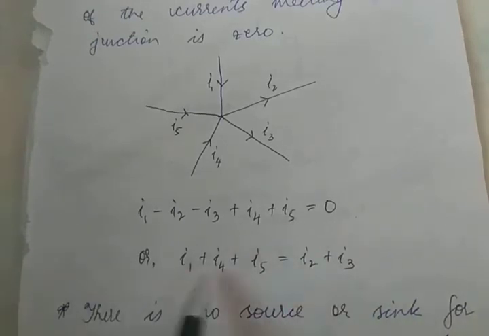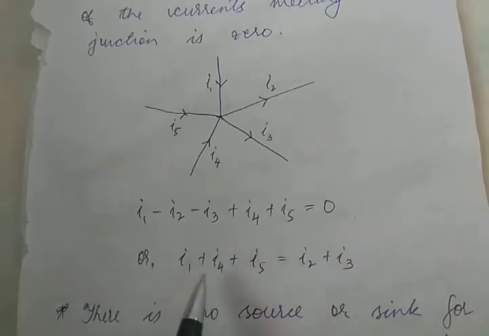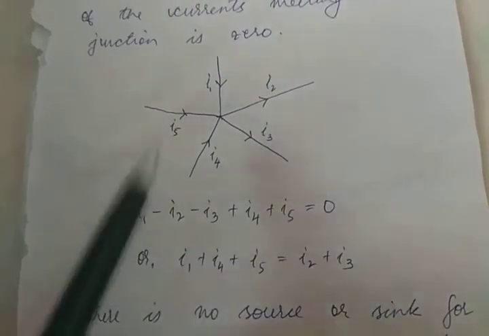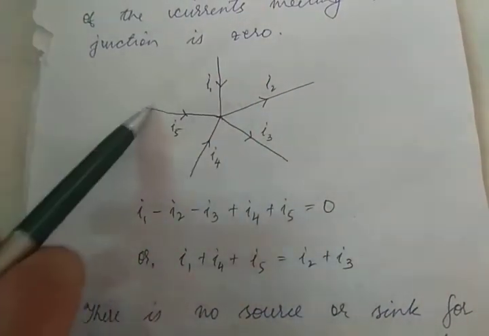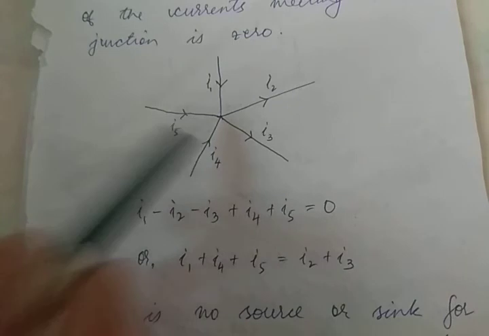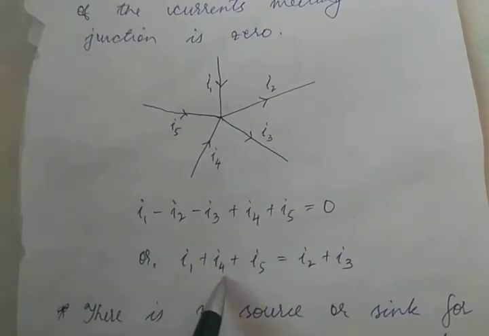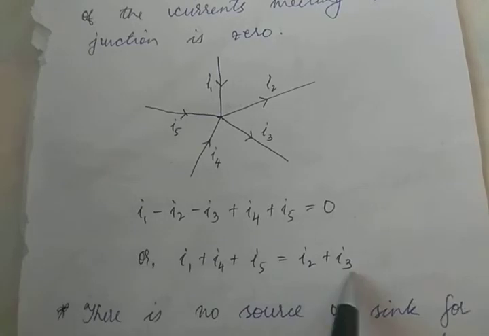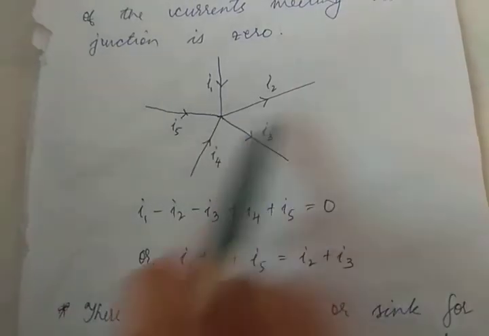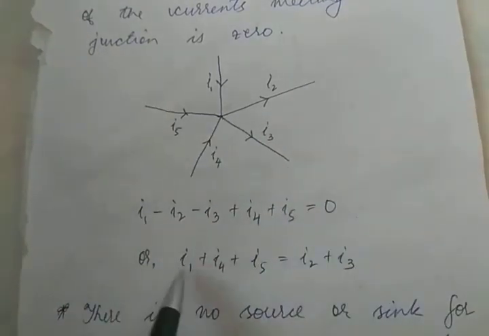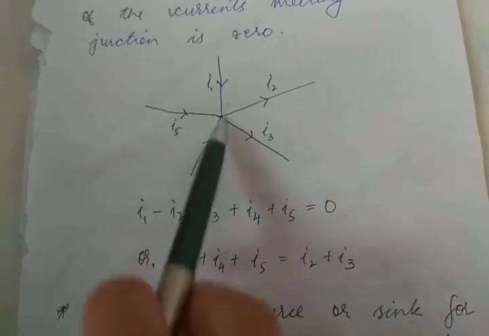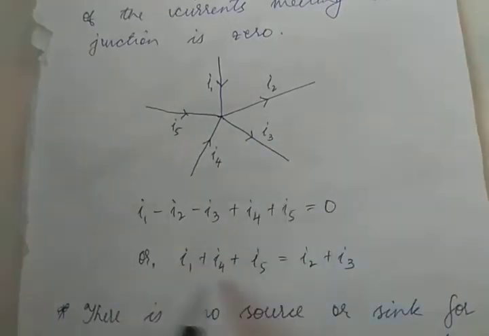What we can conclude from this equation is that whatever amount of current is flowing into the junction, the same amount of current is leaving the junction. That is, the current flowing away from the junction is equal to the current flowing into the junction.